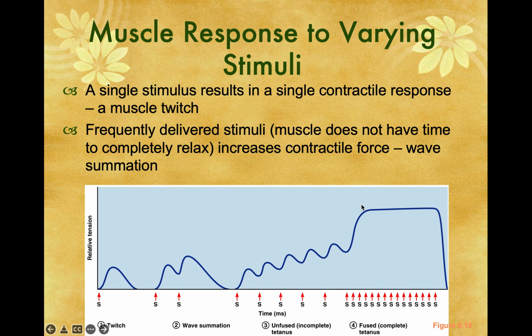Tetanus, or tetany, happens when you are using your full strength. So this is like those people who deadlift huge amounts and then hold it up over their head. That's what you need. Number 4 is fused tetanus.